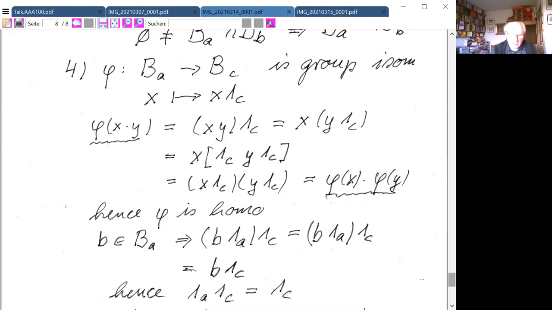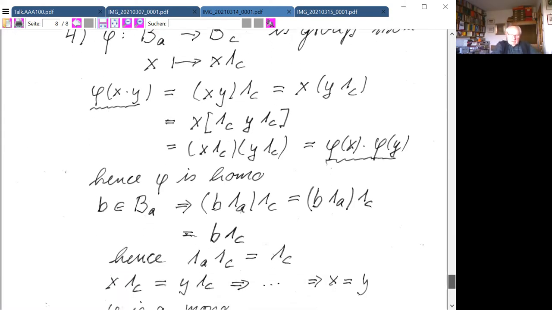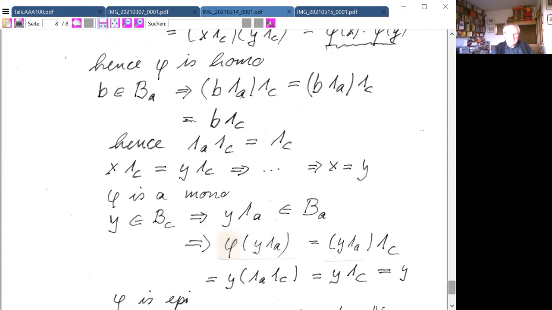We get, again by this uniqueness condition, that 1_A is 1·1_C, which is 1_C.